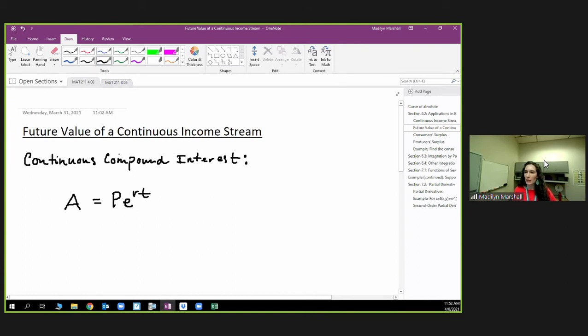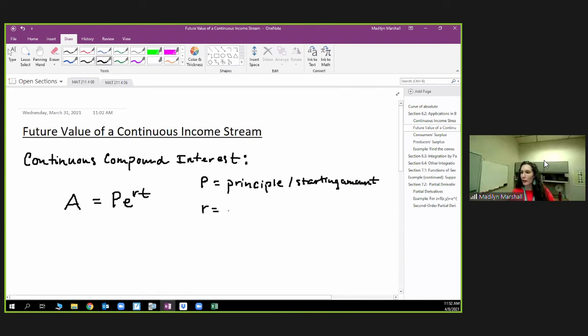So this means if we put some principal amount, or starting amount, into an account that's compounding continuously, that means the interest is being calculated all the time and it's adding to itself.